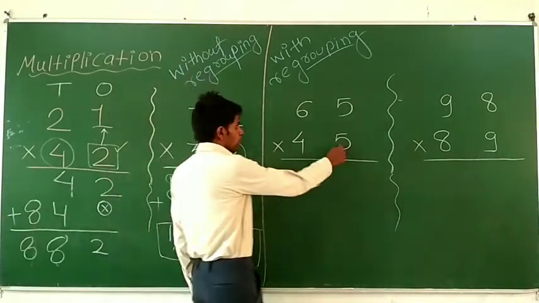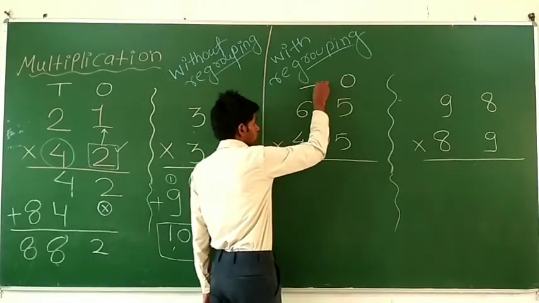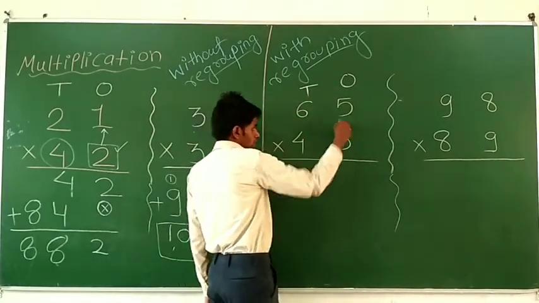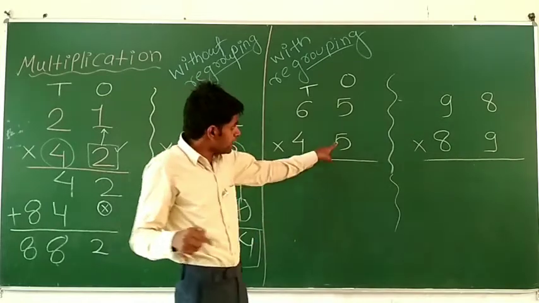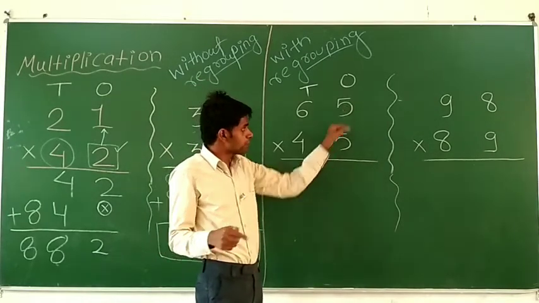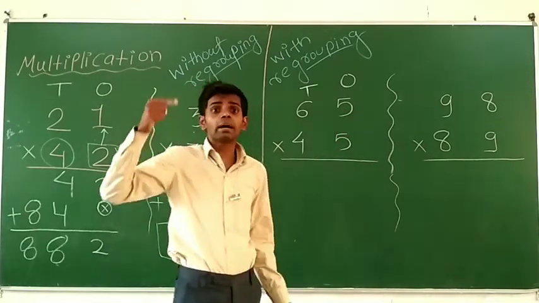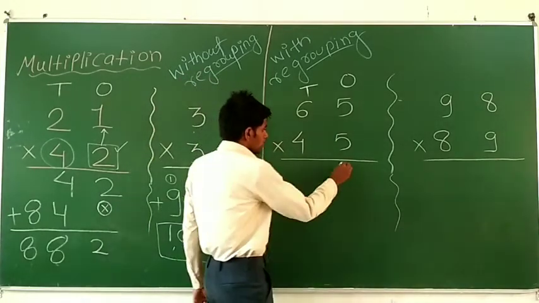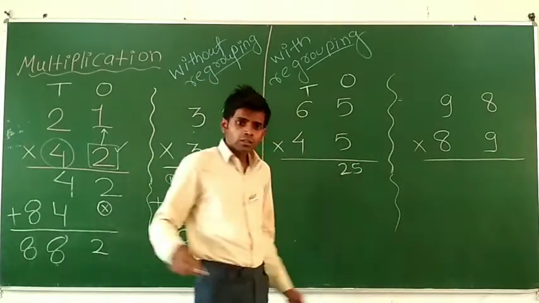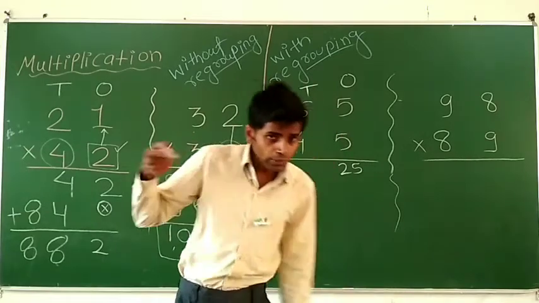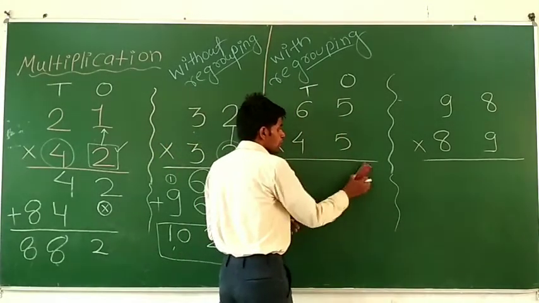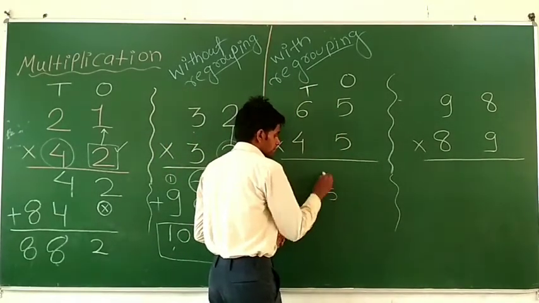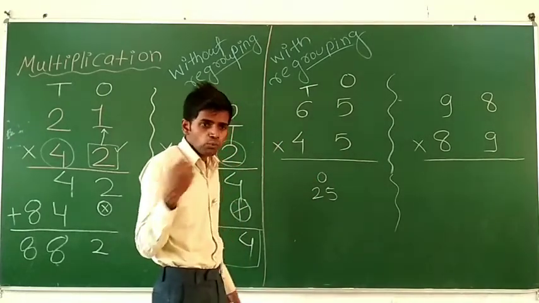Okay, so first of all write down the places over here. 5 5s is 25. 5 times ones and 5 times ones, 5 5 is 25 ones. So can I write 25 directly here? No, because we know that 25 is at the ones place.